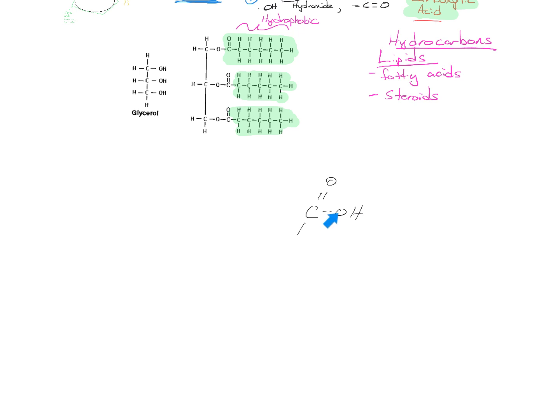Does oxygen have all its bonds? Yeah, 1, 2. Does this oxygen have all its bonds? Yeah, 1, 2. Right? Everybody's happy here. So this has to be connected to something, though. What's it connected to? Another carbon, which is going to have 2 hydrogens. Then it's going to connect to another carbon. Then 2 hydrogens. Then another carbon. 2 hydrogens.